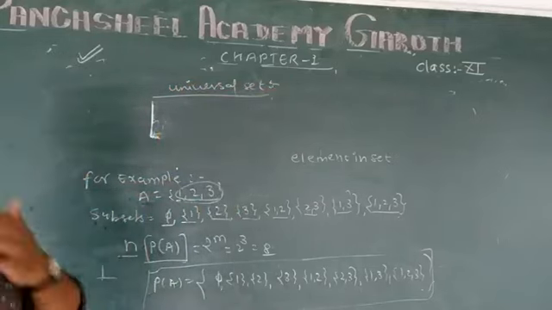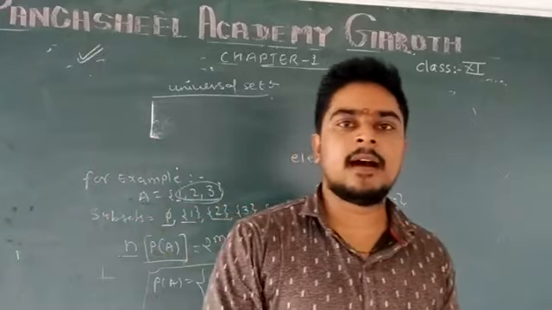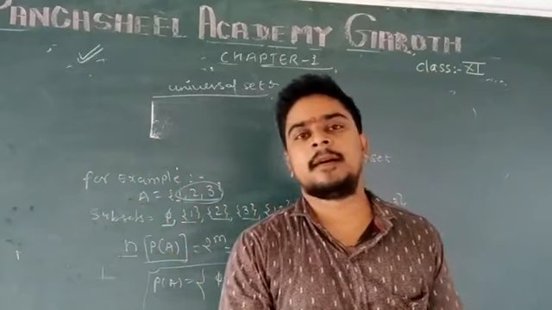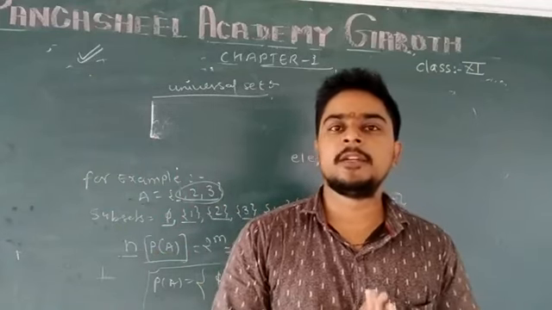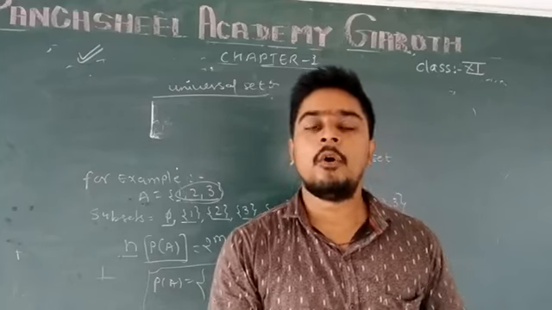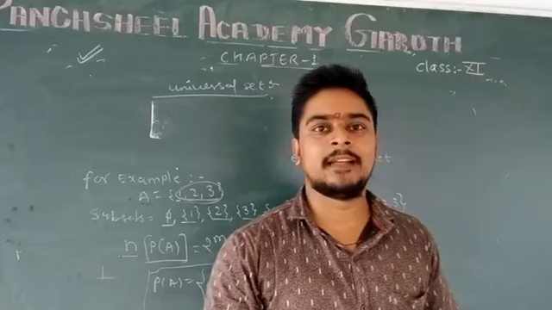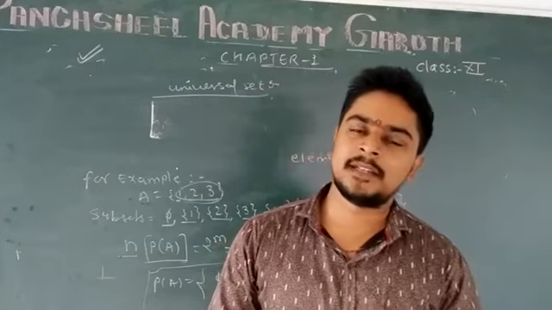Universal set is that set which represents the highest set. It means that if I take the example, the real numbers are the universal set for all the possible numbers, like the natural numbers, whole numbers, integers, rational numbers, and so on.